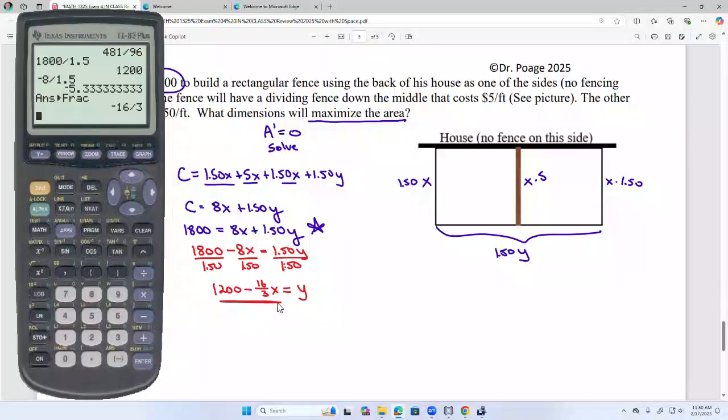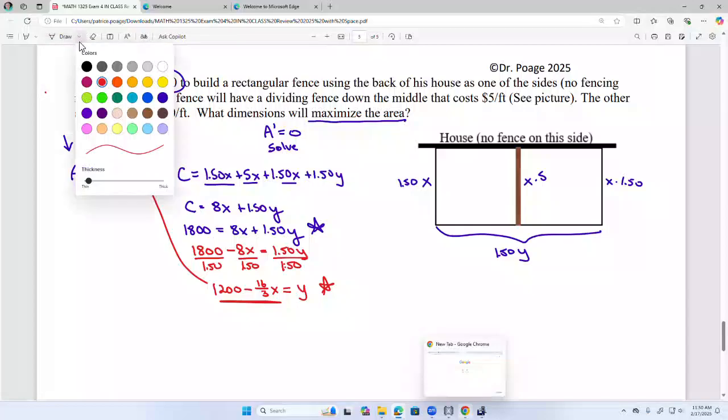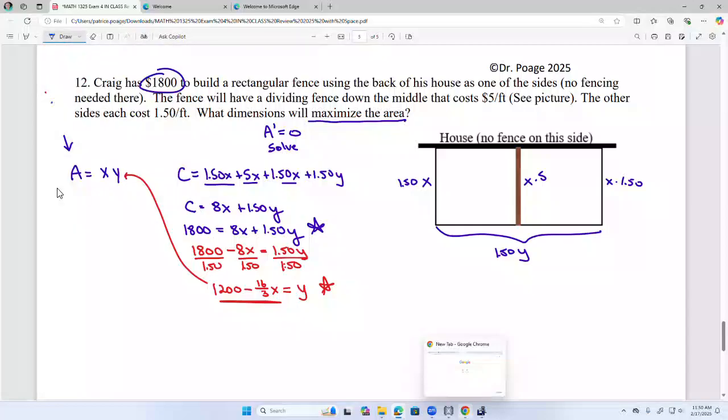So I have 1,200 minus 16 over 3 x equals y. So I have a value for y, and I'm going to come back to this at the very end. But for right now, I'm going to plug this in for y in my area equation. When I plug it in, I get area equals x times 1,200 minus 16 thirds x.